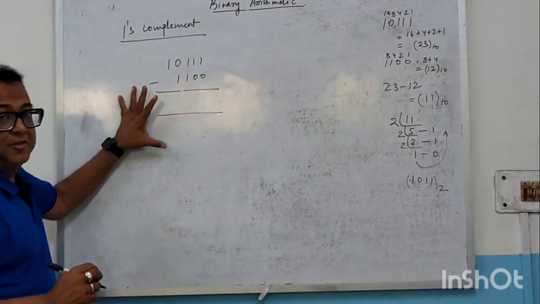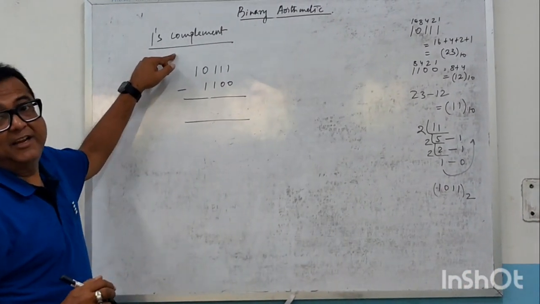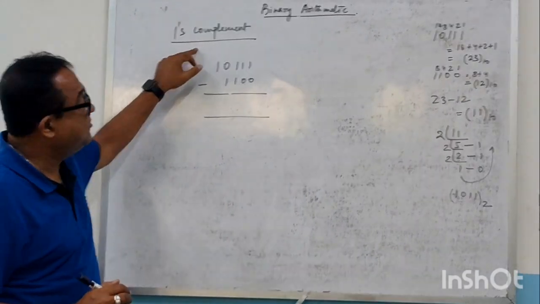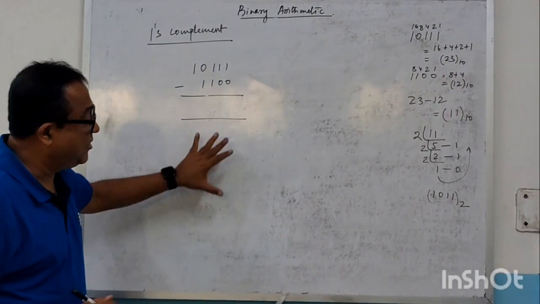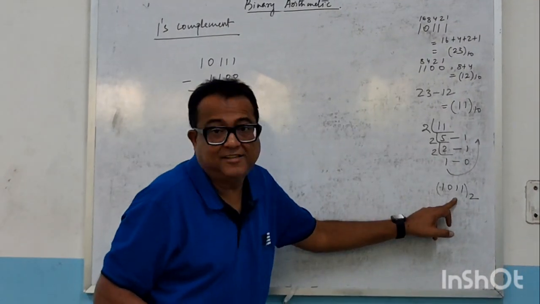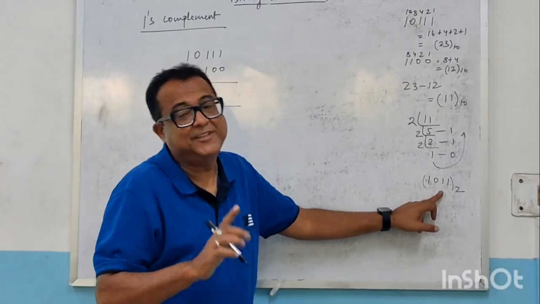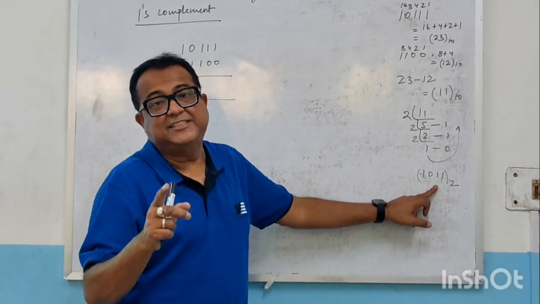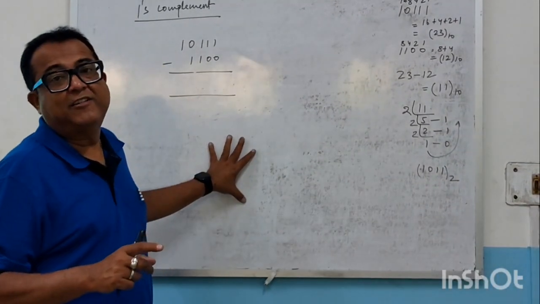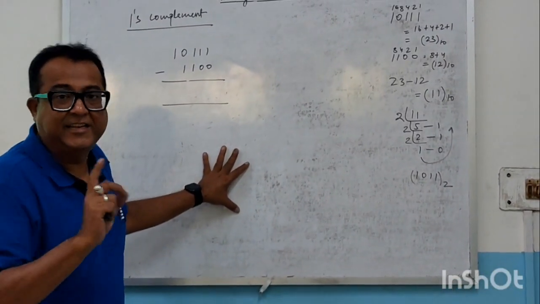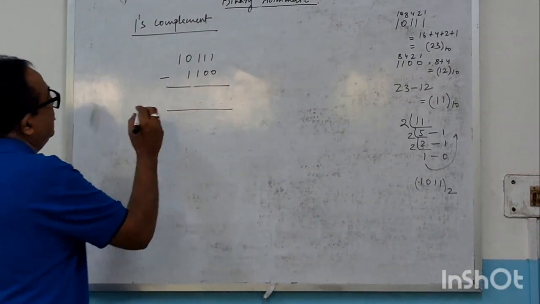Okay. Now, according to the technique, first ones complement, we need to match the answer. Once you get the answer, we need to see that it is the same answer. If it is same, then your answer is correct. If there is any change, that means somewhere you have messed up with your technique. Okay. So let's do it.